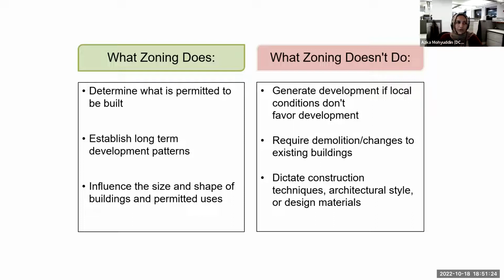So, for example, if a neighborhood were to rezone today, anything that's existing or pre-approved gets accepted into the legacy of that place, and it wouldn't have to conform to the new regulations or anything like that. So with existing buildings, zoning does not prompt changes to those buildings.